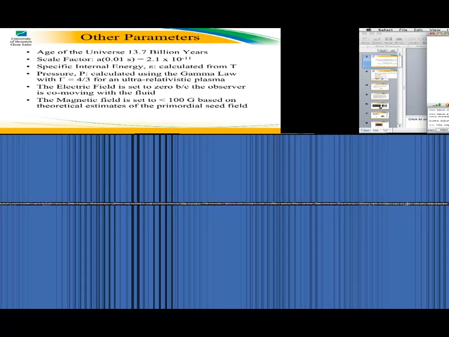That specific internal energy epsilon is an initial condition. Well, yeah, we have to have something to start with. So you're actually assuming a number for epsilon. Yeah, T equals 0, T equals whatever. Is that a critical choice, or does everything change depending on that? Yeah, because if you choose the wrong epsilon, that would imply a different temperature for the initial universe.